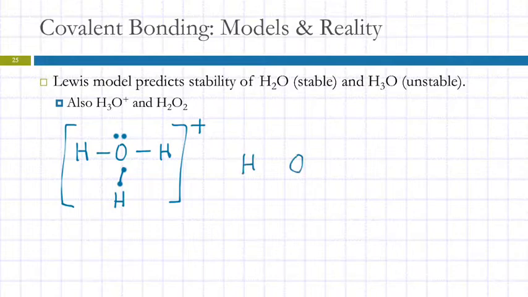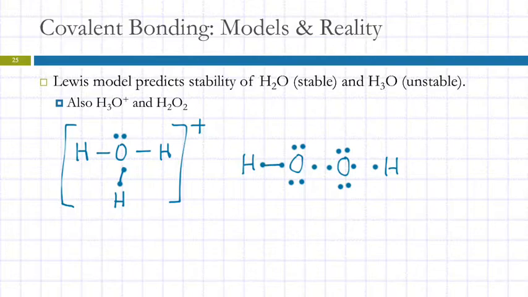So there's an H and an O and another O and another H. So here's oxygen with its 6 valence electrons, another oxygen with its 6, hydrogen with 1, and hydrogen with 1. Well, let's do some sharing.